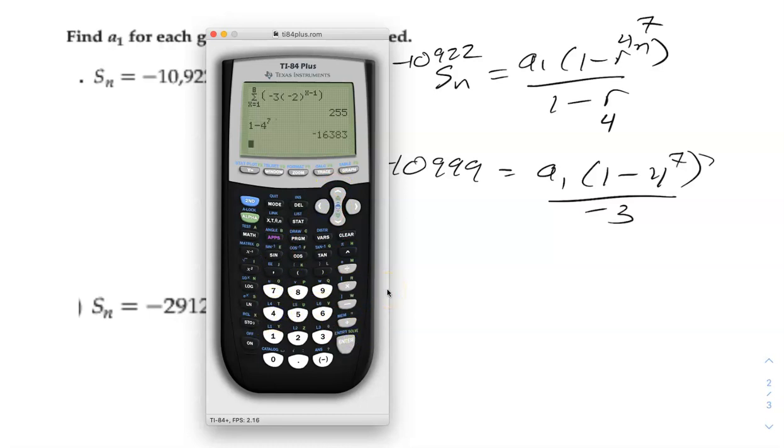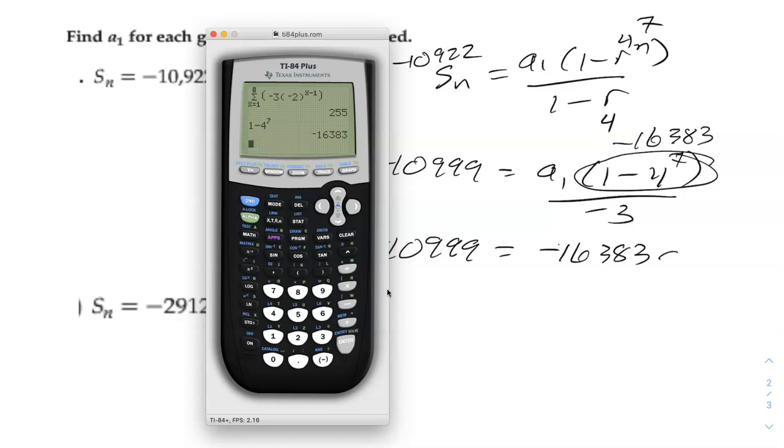All this is negative 16,383. So I have negative 10,999 equals negative 16,383 times A1 over negative 3. Again, I'm trying to solve this for A1, so multiply by negative 3, divide by that, and you're done.